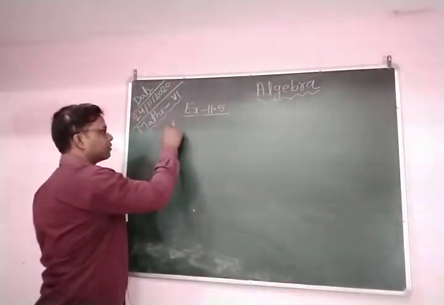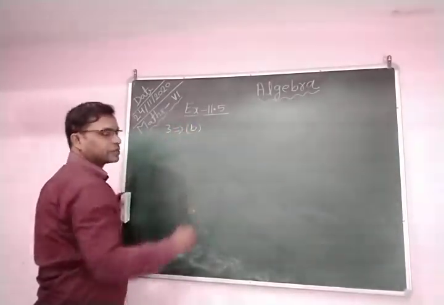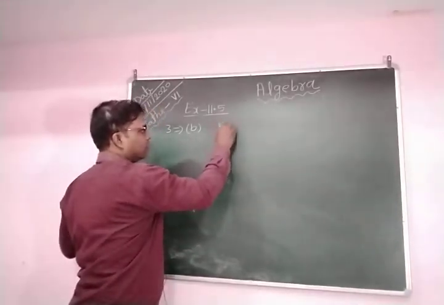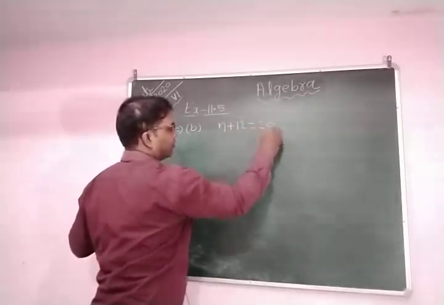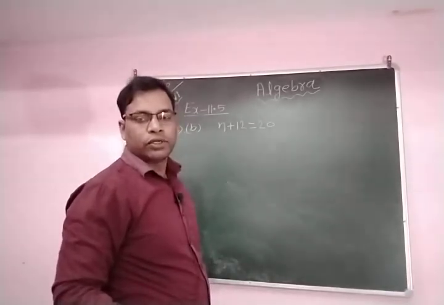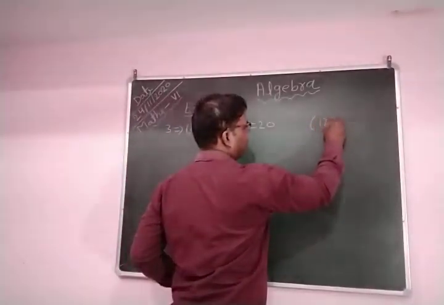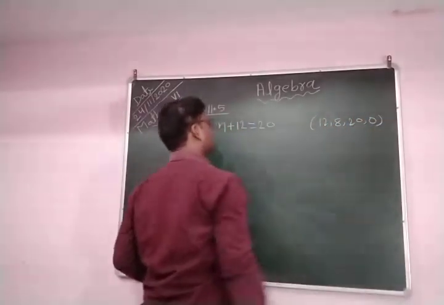This is the B part. N plus 12 is equal to 20, and the given values are 12, 8, 20, 0.